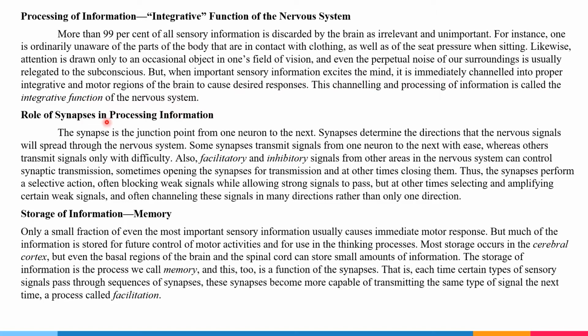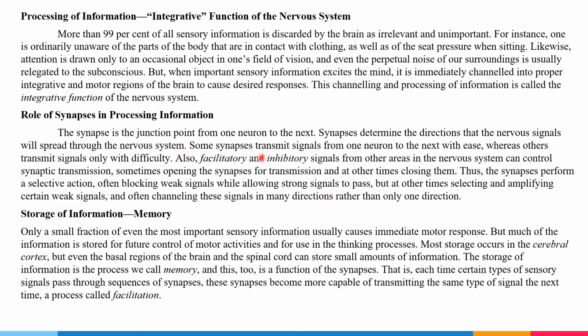Next, we look into the role of synapses in this processing of information. The synapse is the junction point from one neuron to the next. Synapses determine the direction that the nervous signals will spread through the nervous system.